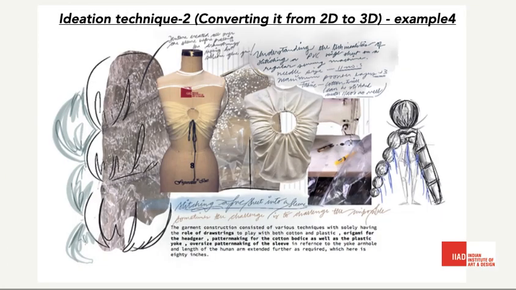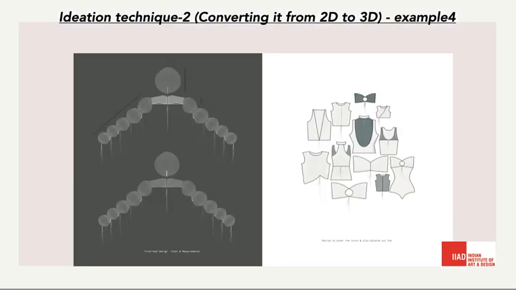In this slide, you can see visual explorations on the form before shortlisting the final idea. So you can see how he has envisaged the form on the body with these other elements that he's going to use. This is the final edited idea with the supporting technical details.